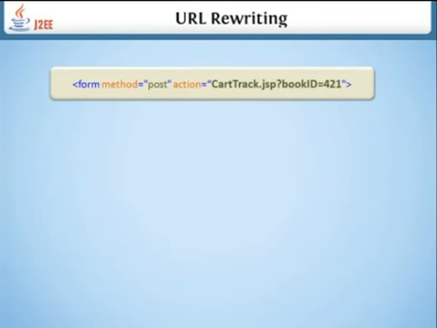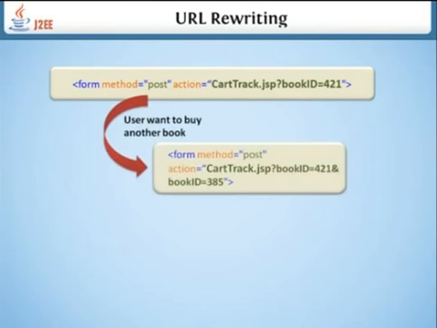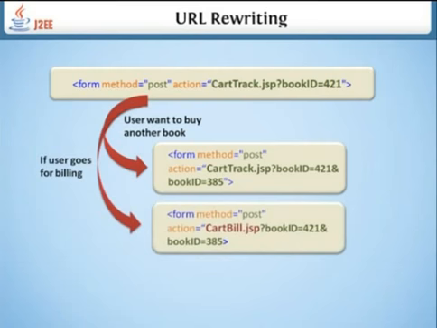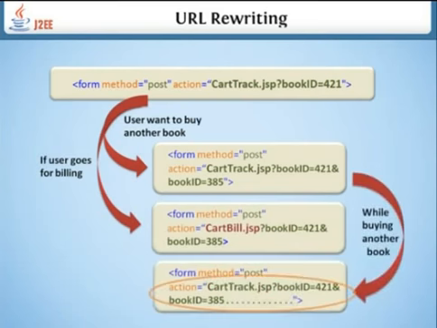And method is post and action is cart track.jsp. The user wants to buy another book. If the user goes for billing, it will call another form. While buying another book, it directly calls the other form.